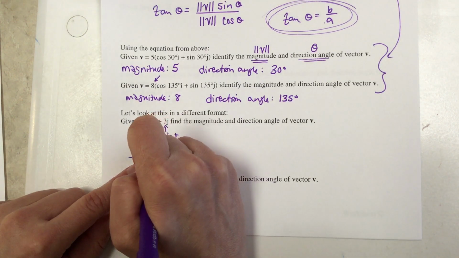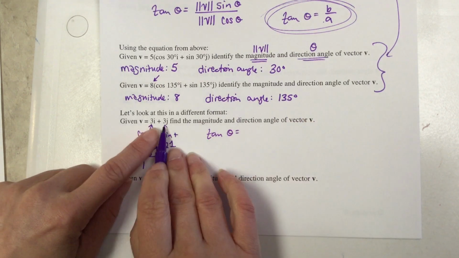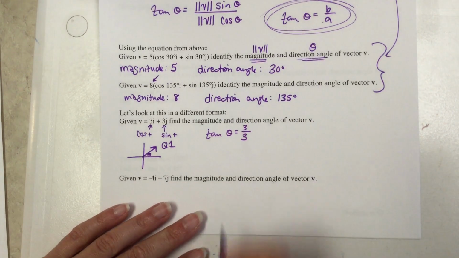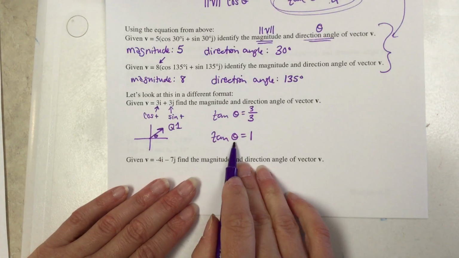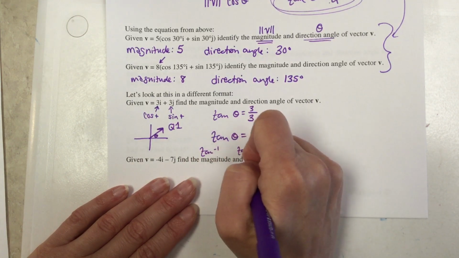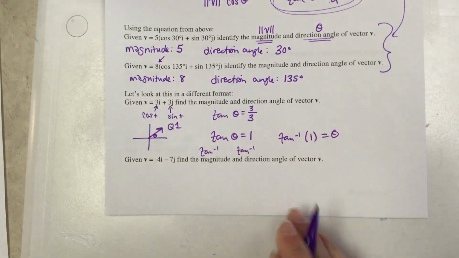Now, if they want us to find theta, theta is the tangent of b over a, so 3 over 3. So the tangent of theta equals 1. If I want to solve for theta, I can do the inverse tangent of each side. So the inverse tangent of 1 equals theta.